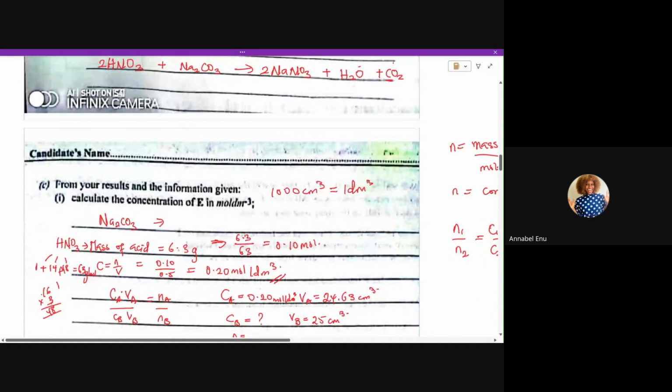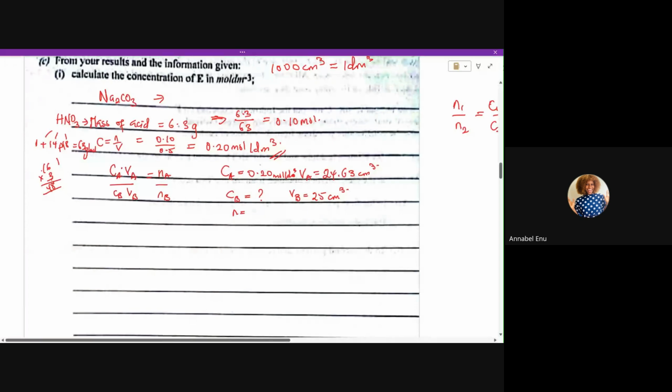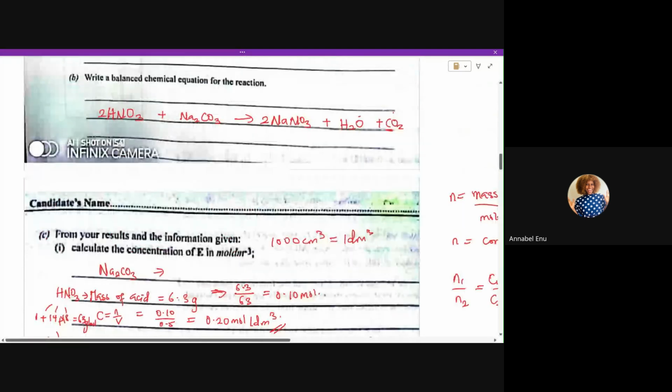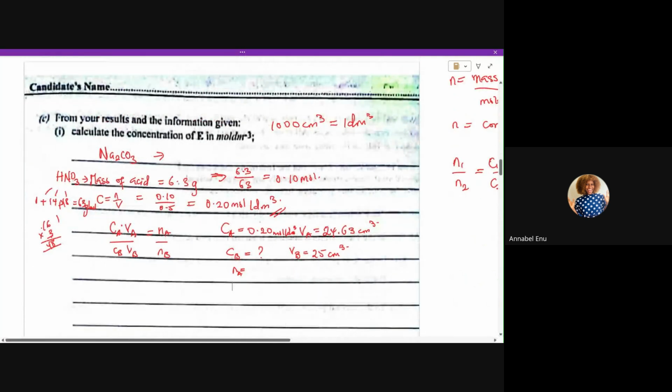So we're going to be taking the number of mole of acid, Na, to be 2, and that of base is going to be 1. So we'll be working with the coefficient.